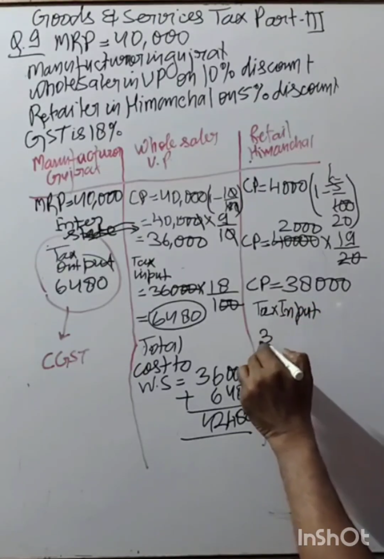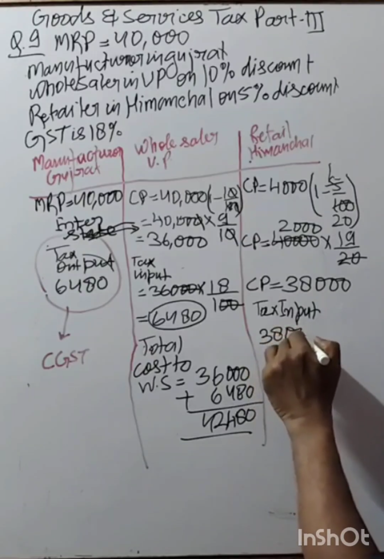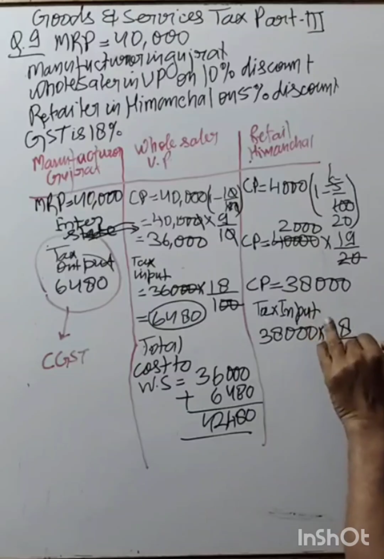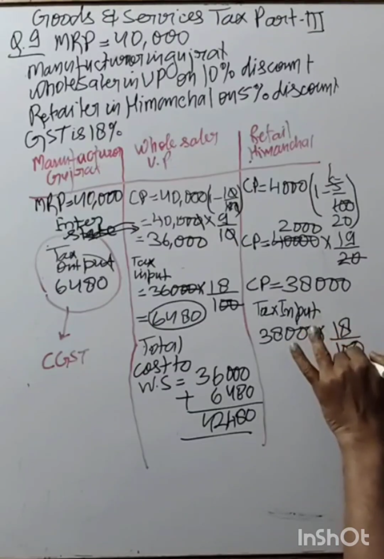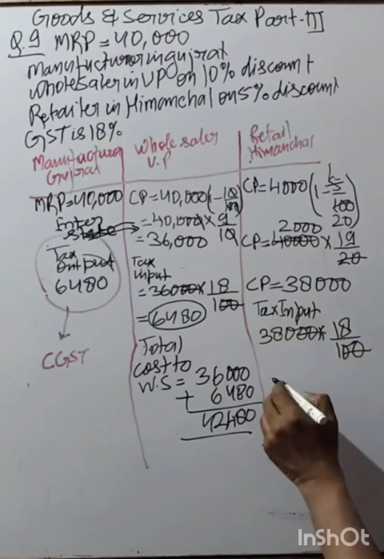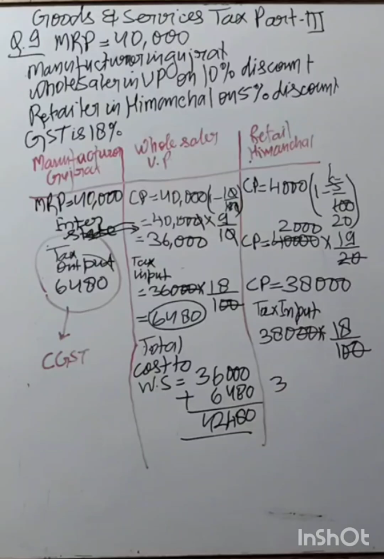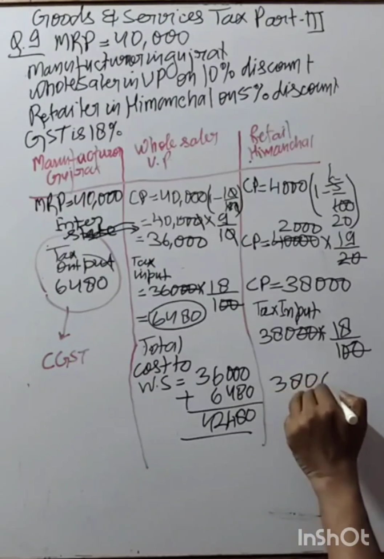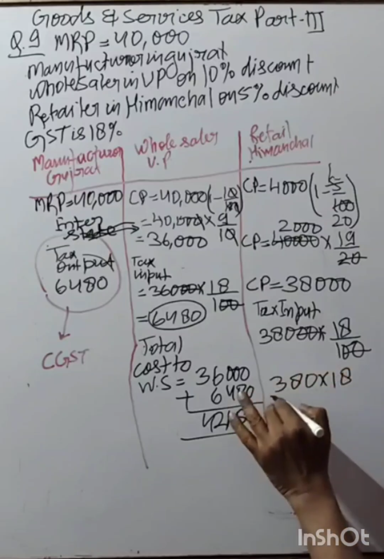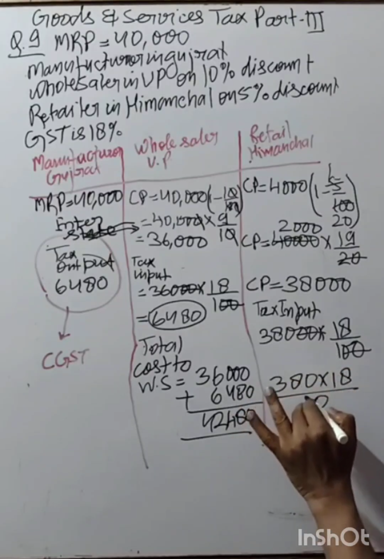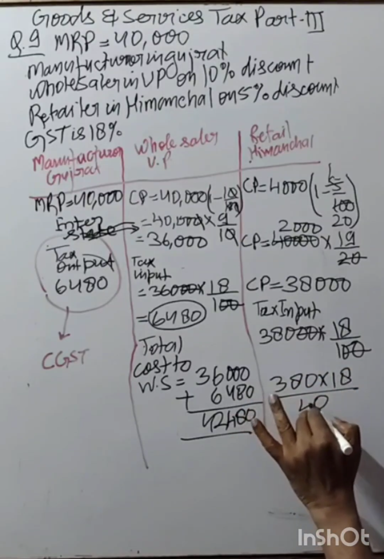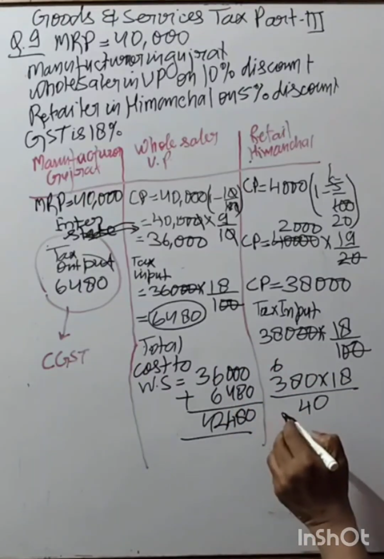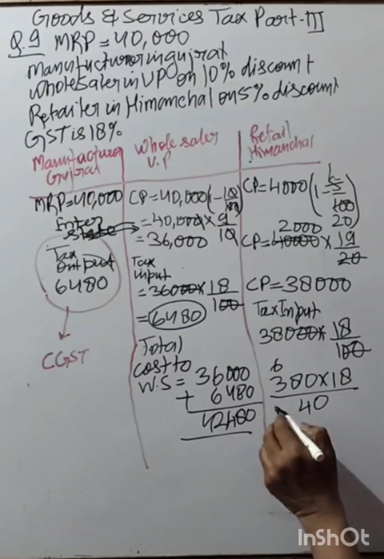is 38,000 into 18 upon 100. Those zeros cancel, right? Now 380 into 18. 8 times 8 becomes 64. 8 times 3 becomes 24, plus 6, 30.